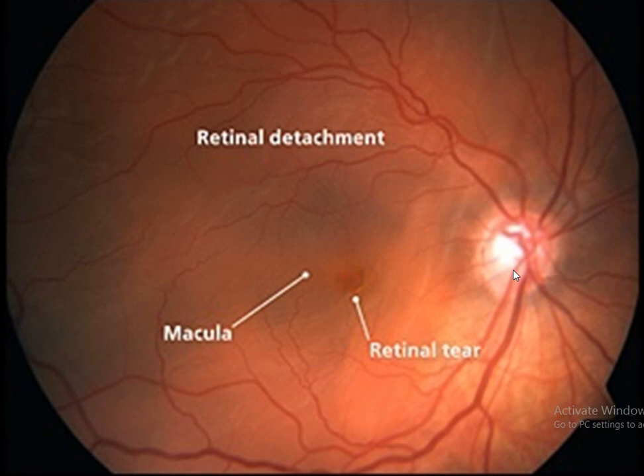If there is any disease in which the edematous fluid is accumulated behind the retina, it can push the optic disc forward. So bulging of this area will take place in that case.